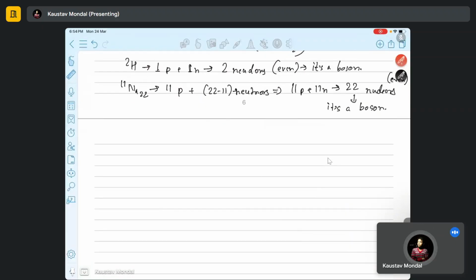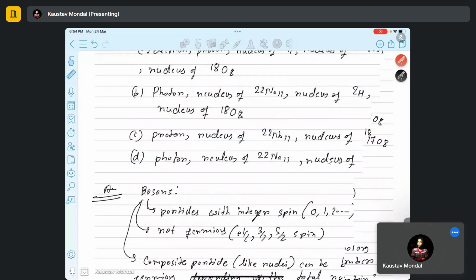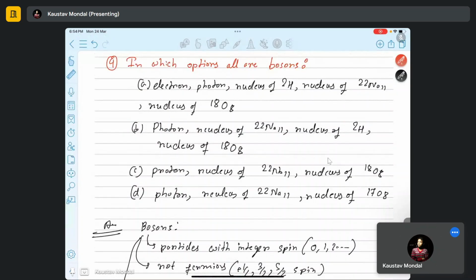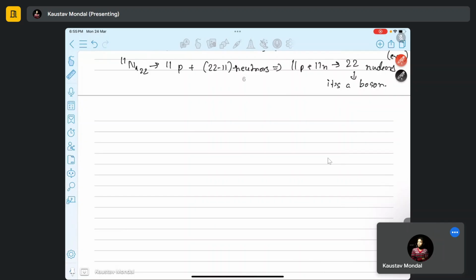So oxygen, first one is oxygen. There are two oxygens given. As you can see in the other option, 17O is also given, 18O is also given. So let's consider both the oxygens. First take 17O, which has 8 protons plus 17 minus 8 neutrons.